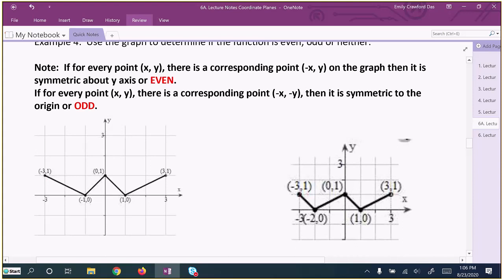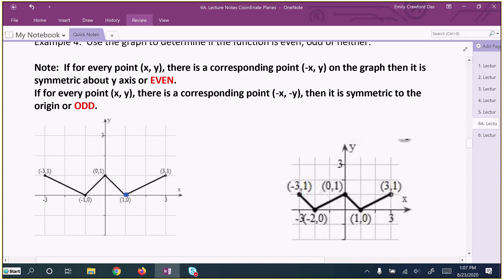And I can see visually that it is symmetric with respect to the y-axis. And what I mean by that is that the image on the left side of the y-axis is a perfect reflection of the image on the right side of the y-axis. So that's just my visual interpretation, but how do I justify this mathematically? Well, let's go back to this note here. It said for every point x, y, so for example, maybe I have x, y is the point 1, 0.